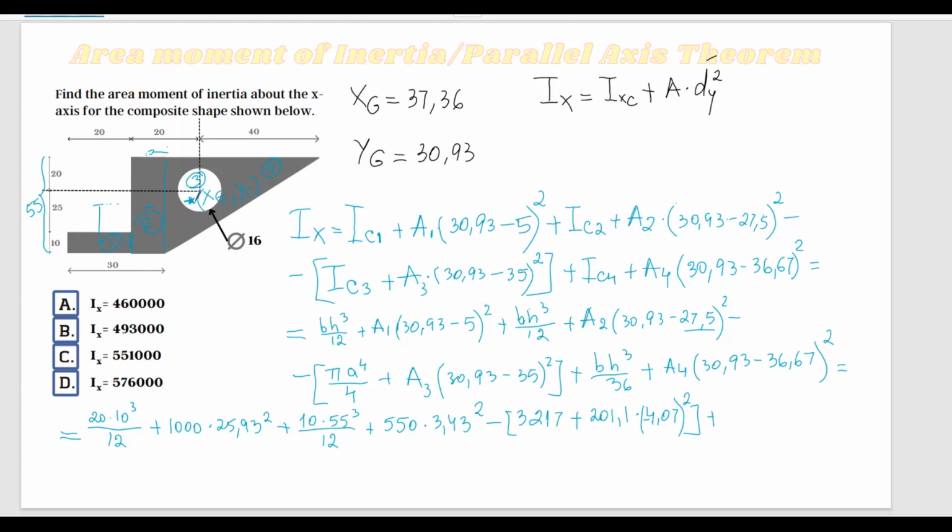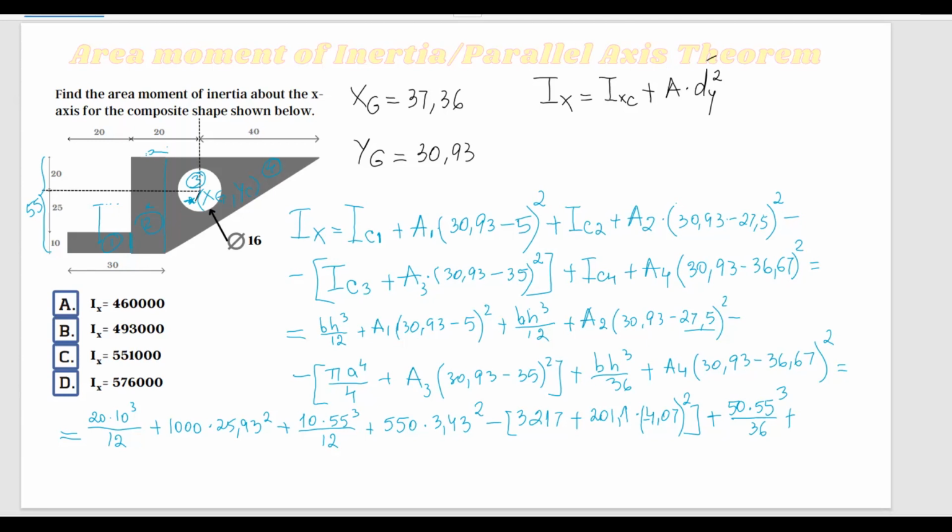plus, and now we have BH cubed over 36. The final shape, the triangle, B of the triangle is 50 multiplied by H, which is 55, cubed over 36, plus now the area of the triangle, which is 1/2 times 55 multiplied by 50.